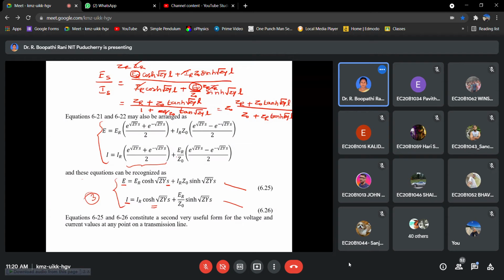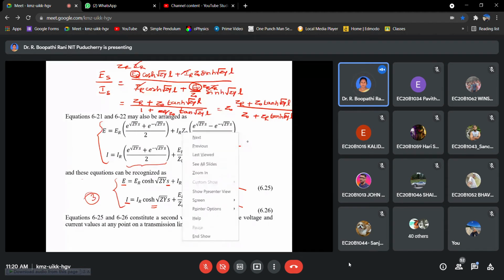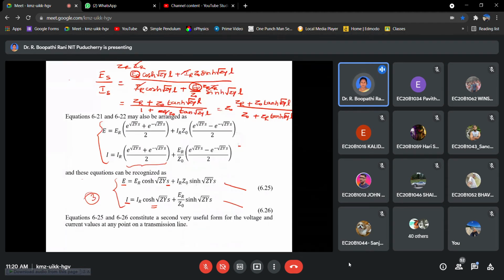Yes, ma'am. Now this is the expression for the sending end impedance. If we want to find the sending end impedance for infinite length of a line, L tends to infinity.